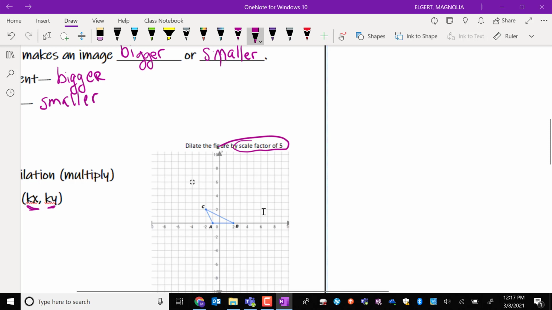So we need to look at this point here. This point here is 2, 0. And to get our image from our pre-image, we're going to multiply by 5. So 2 times 5 is 10. 0 times 5 is 0. So B prime is going to be at 10, 0.